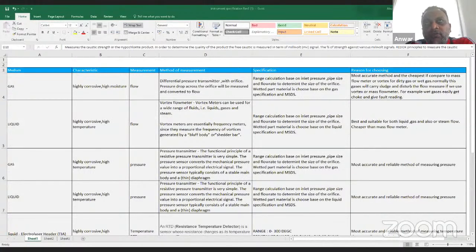Whatever I choose should at least serve 5 to 10 years in operation, based on where you are going to have this pump.